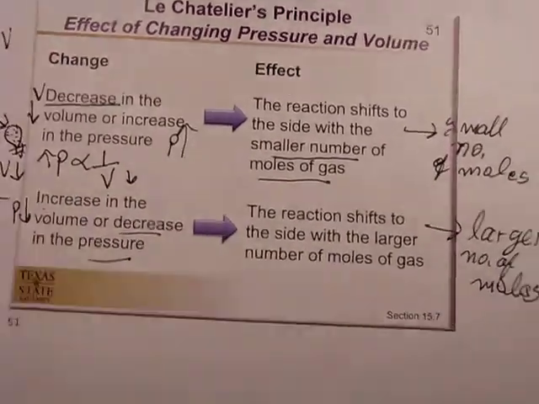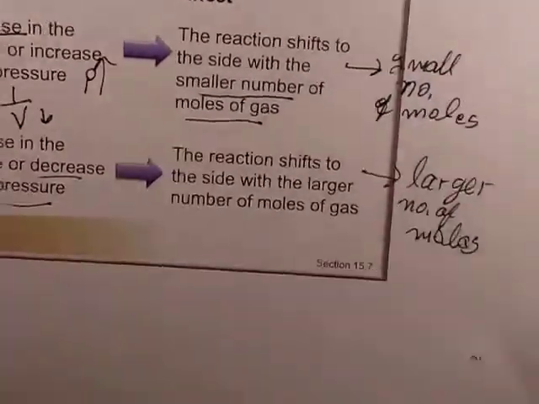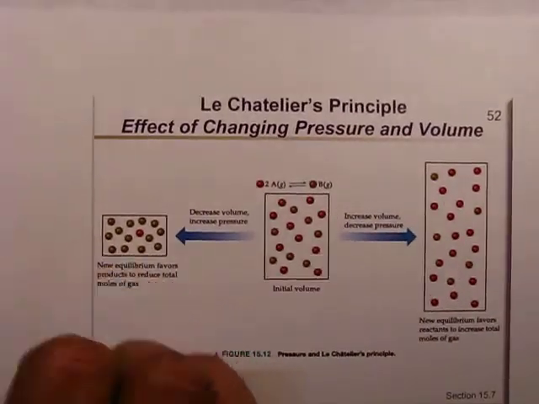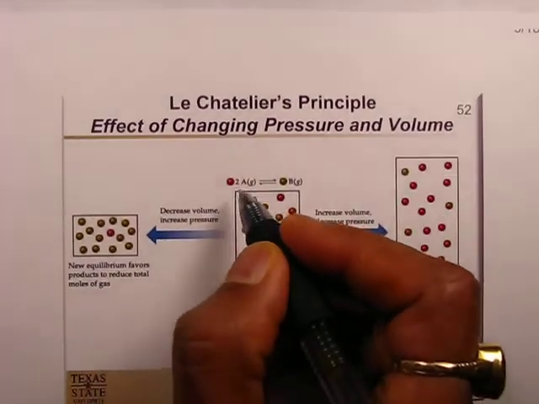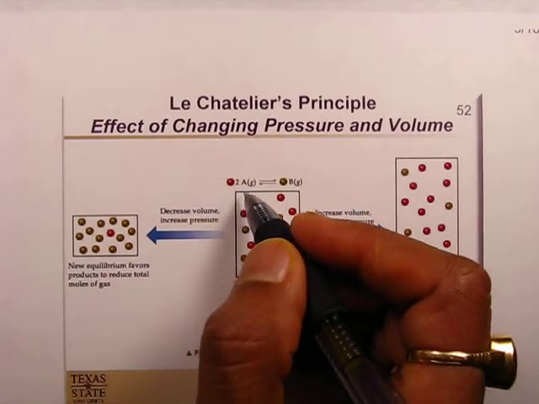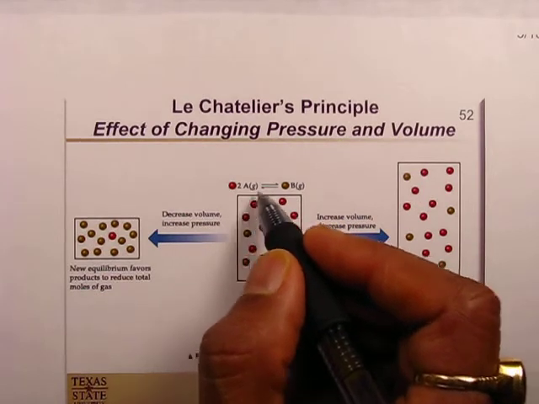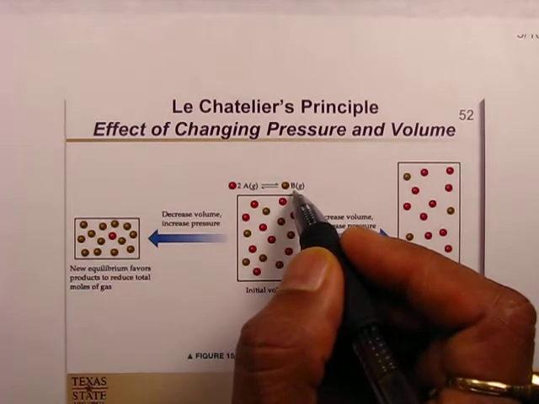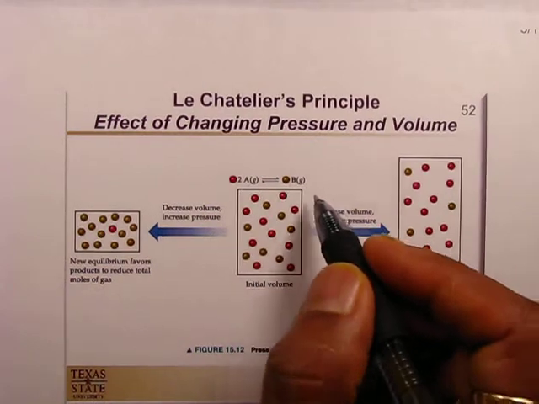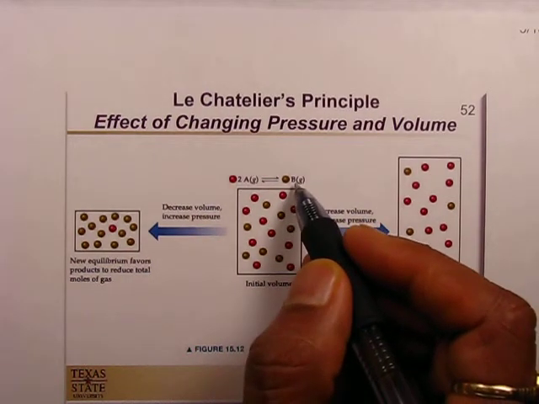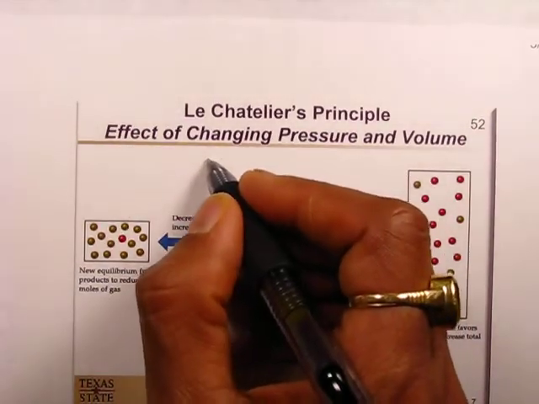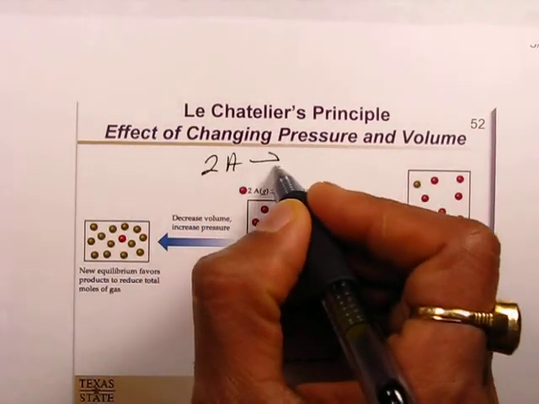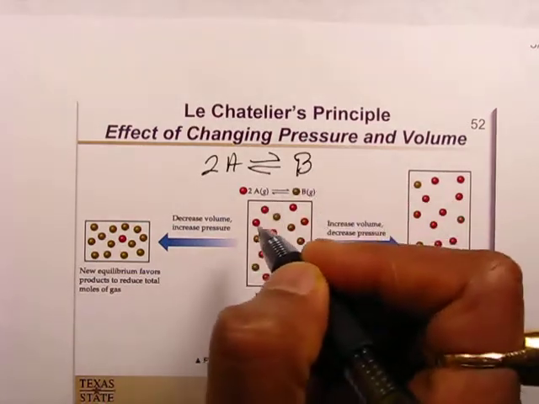So let's see one example to understand this effect of pressure and volume. So here in one example it says that there are red balls which represent the 2A gas, and green or yellow balls which represent the product B. So here we can rewrite like this, 2A is in equilibrium with B, right.